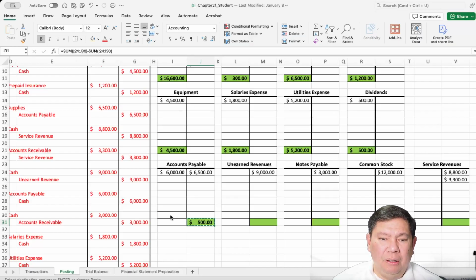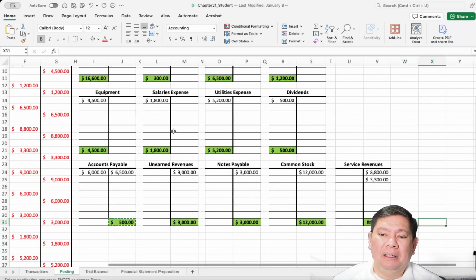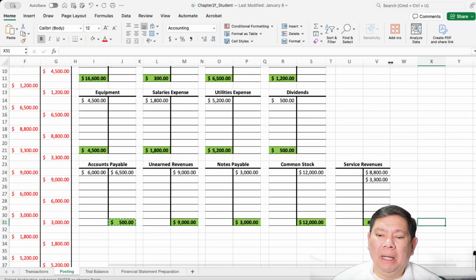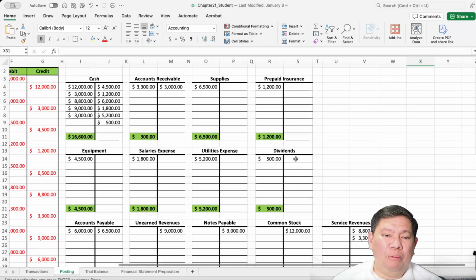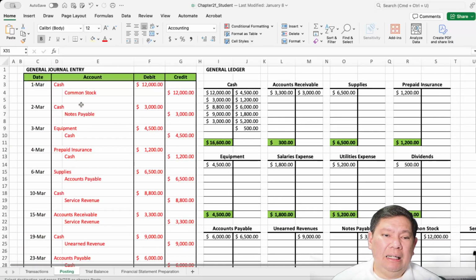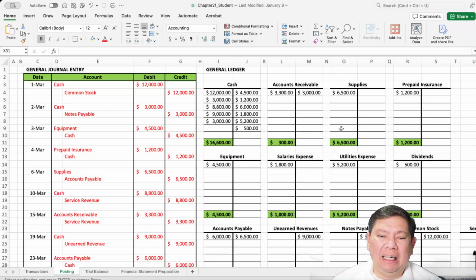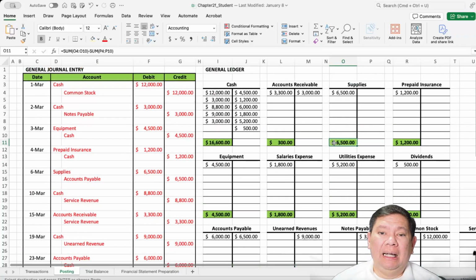So 500 left in our accounts payable, 9,000 unearned revenue, 3,000 notes payable, 12,000 common stock, and I need to make it wider, 12,100 service revenues. So that's how we post from general journal entry to general ledger, and that's how we calculate the ending balance for each T account.